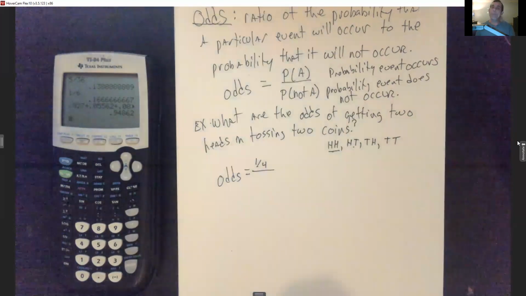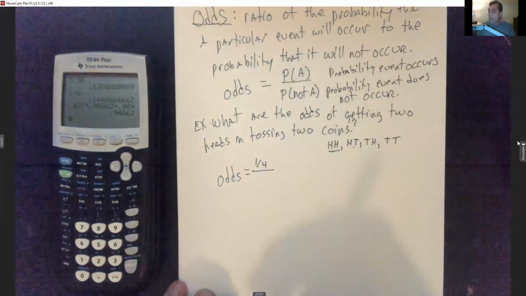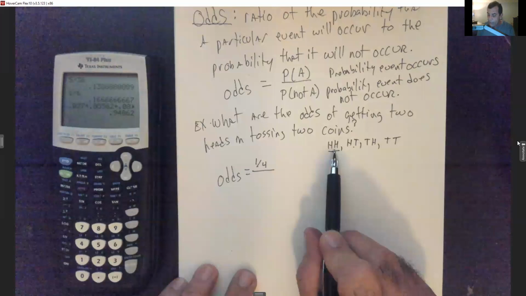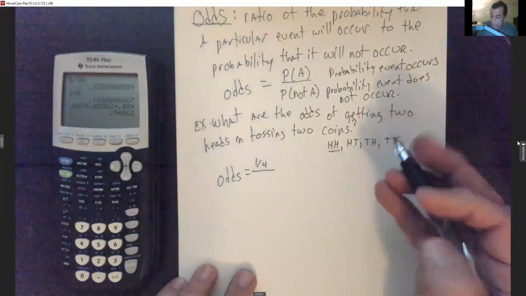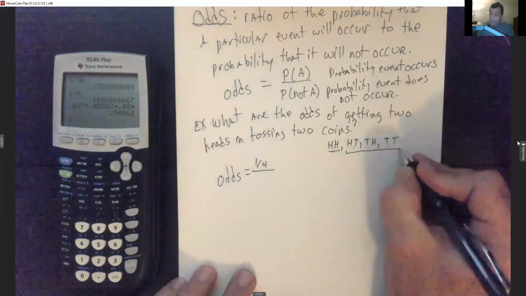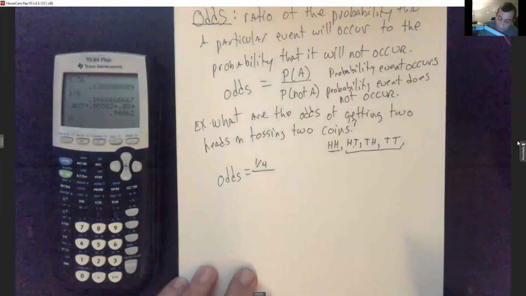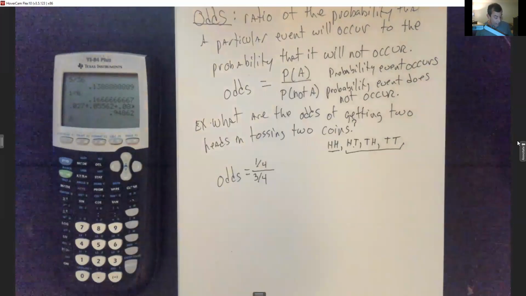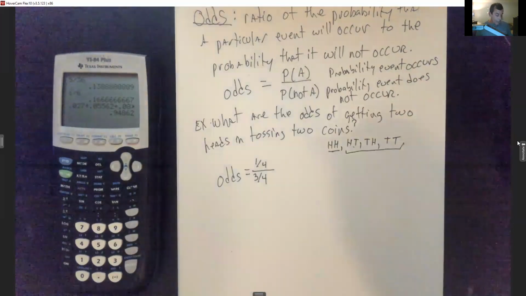So what's the probability of not getting two heads? Well, the only way to get two heads was HH. The other 3 are not two heads, so you would have a 3 out of 4 chance of not getting two heads.